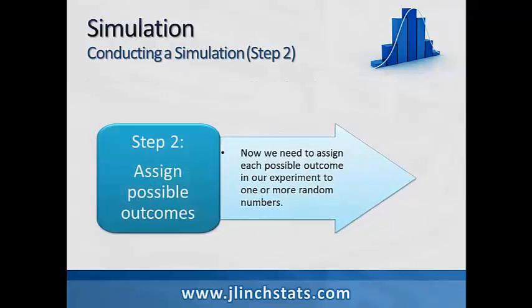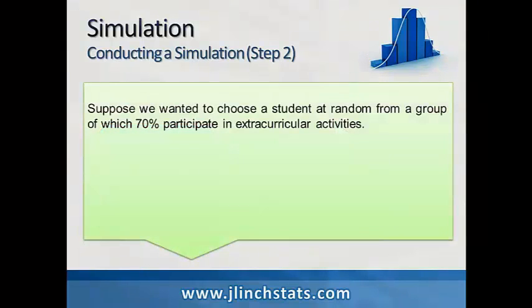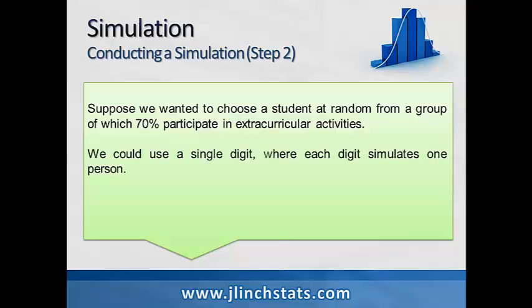Once we've discussed all the possible outcomes, then we want to assign all those possible outcomes. So now we need to assign each possible outcome in our experiment to 1 or more random numbers. For example, suppose we wanted to choose a student at random from a group of which 70% participate in extracurricular activities. Now we could use a single digit where each digit simulates 1 person.